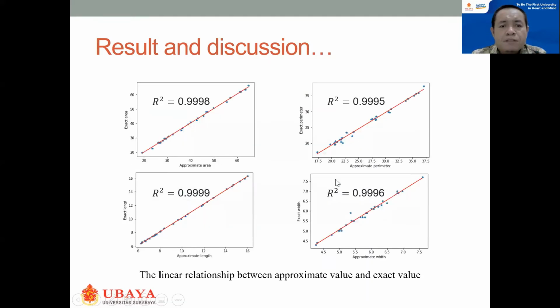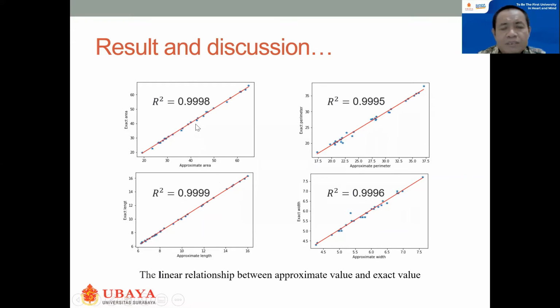So this is another analysis. We use the coefficient of determination between exact value and approximation value for area, perimeter, length, and width. So we can see here that the approximation and exact value for all have a good linear relationship, with R square greater than 0.999.